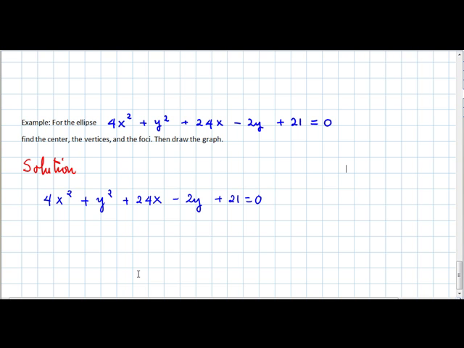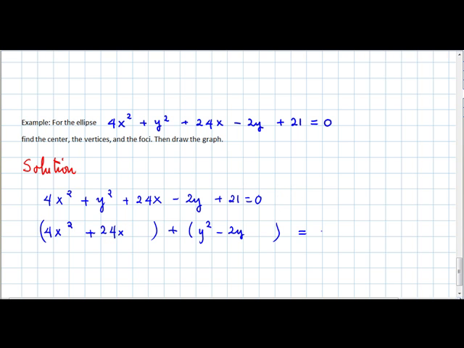We have x and y, so I'm going to group all the x together. Then we're going to group all the y together. Now because 21 has no x, no y, we move 21 to the other side by subtracting 21 from both sides.